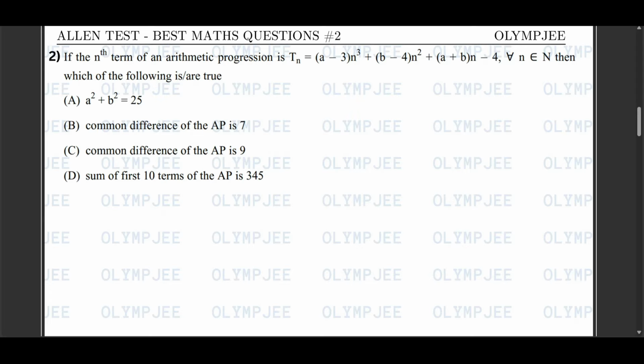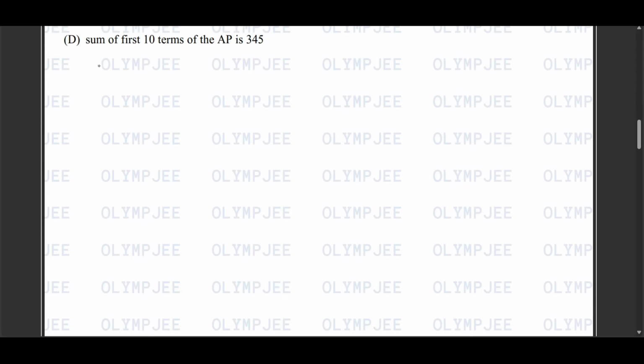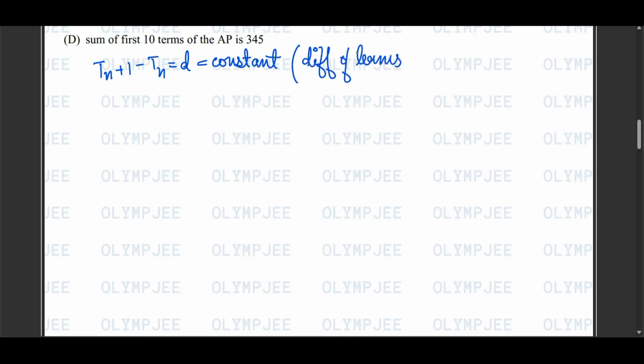I can prove this. Tn plus 1 minus Tn gives us the difference, which is a constant, right? Because the difference of terms in an AP is constant.